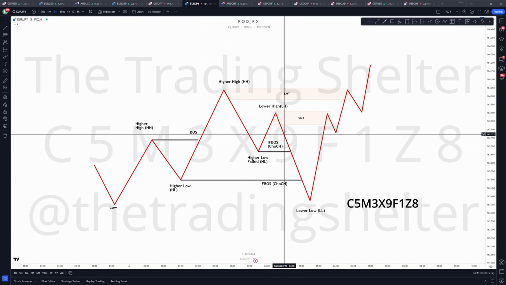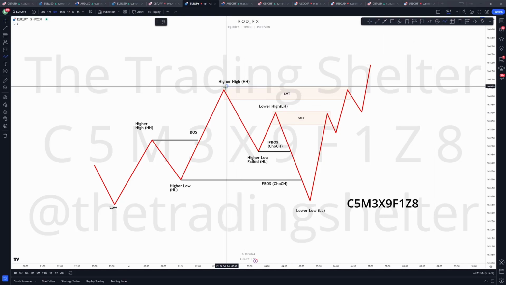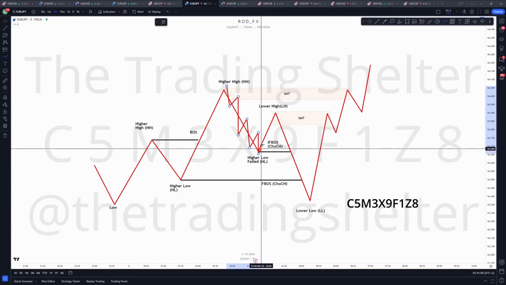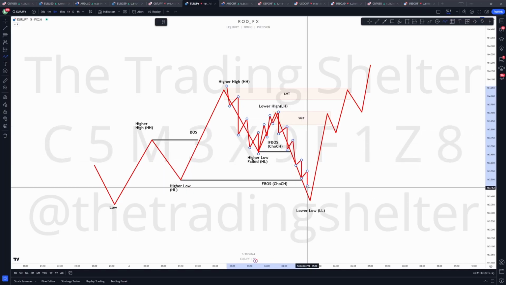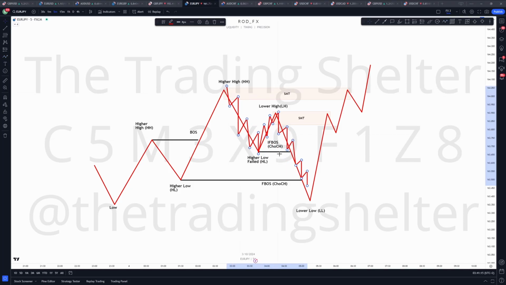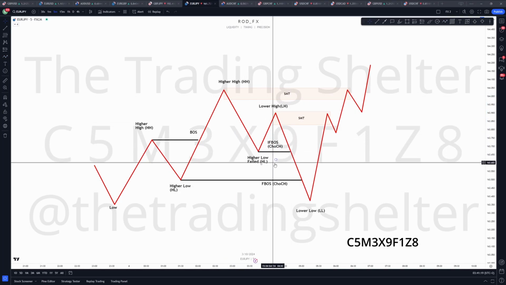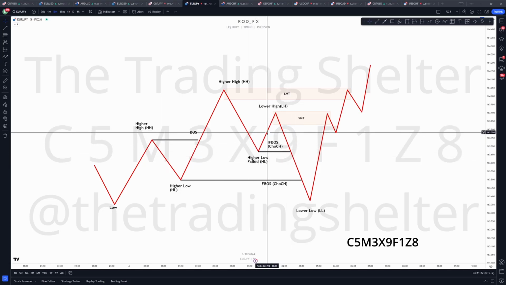But in this case, this is what we call the complex structure. If you see it as a leg, it's exactly the same thing. I trade a lot with the IFBOS because I'm a little bit more aggressive. I trade a little bit more refined, with a little bit more precision.